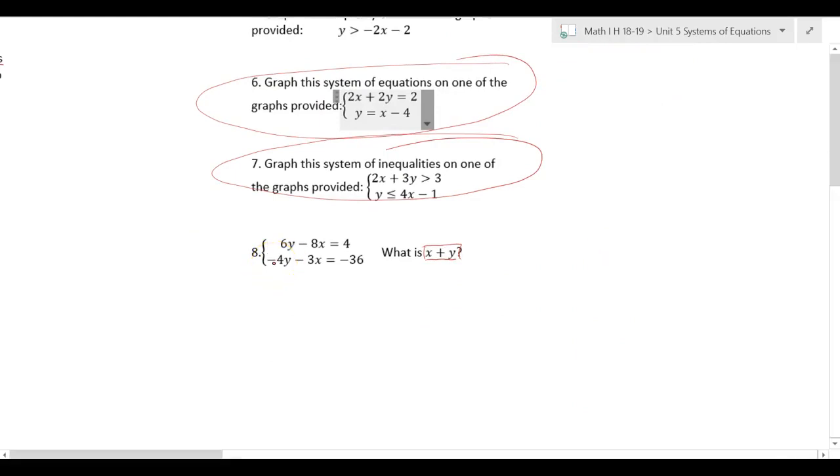This is also kind of a hefty question because I look at my coefficients and neither of them look particularly friendly. So because of laziness, because I already see that 6 and 4, my y values, are already opposite, one is positive, one is negative, I'm going to multiply the top by positive 4 and the bottom by positive 6.